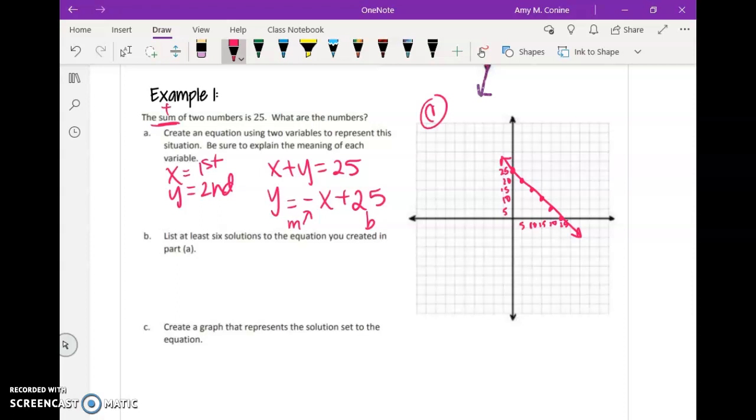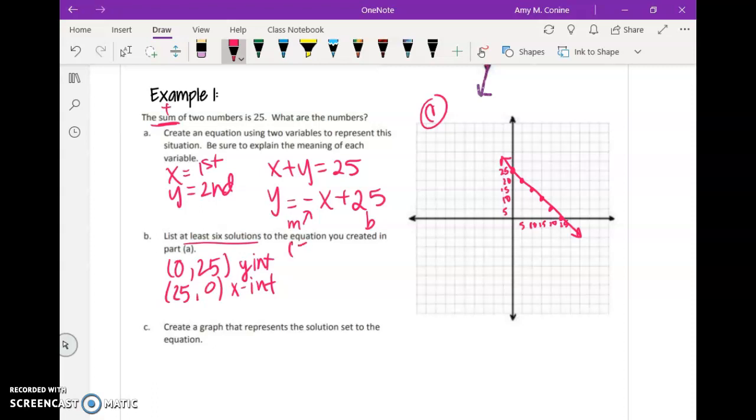Now when you graph it, it gives you enough information to find your 6 points. You should have a y-intercept, and you should also have an x-intercept, and then all the points in between you can use.